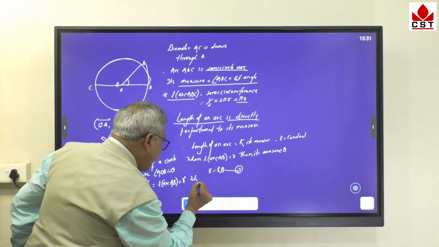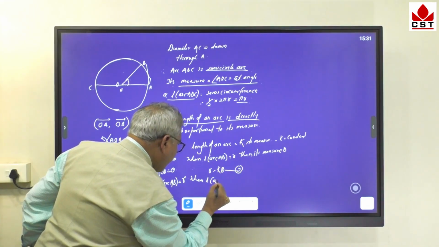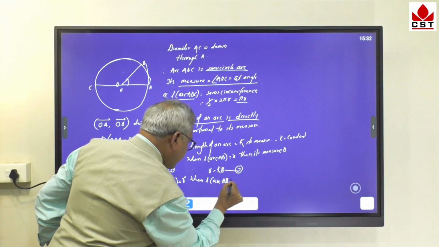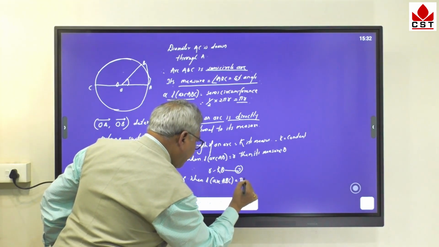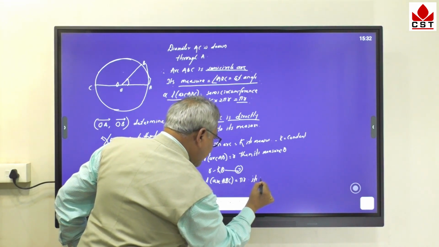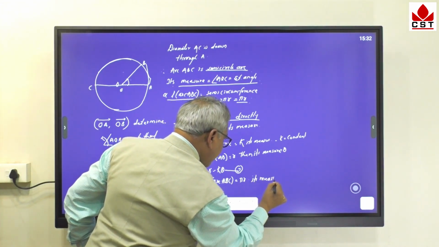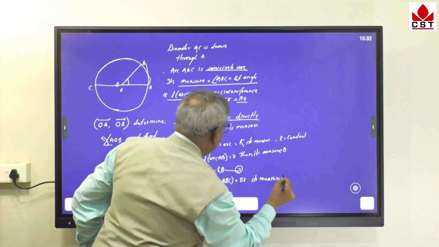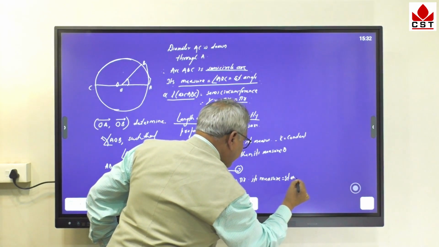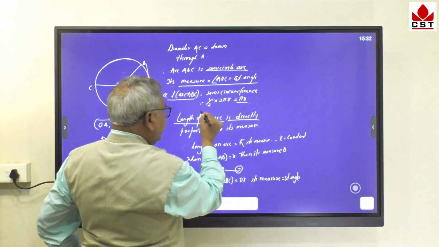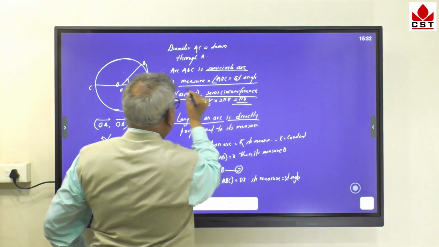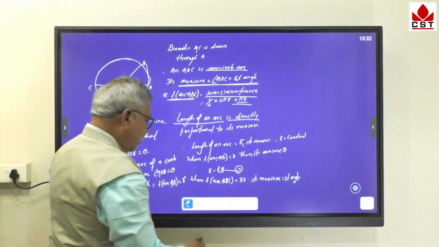Now, when the length of arc ABC is equal to pi R, its measure is equal to the straight angle, because here we have taken the semicircumference.